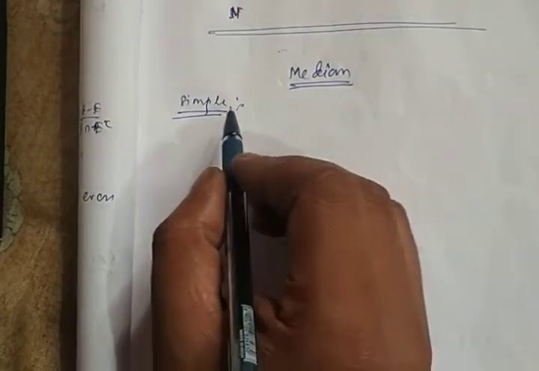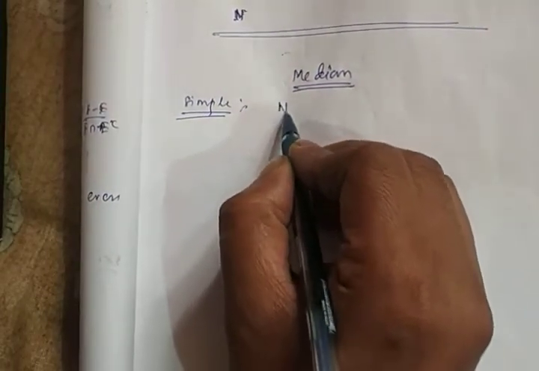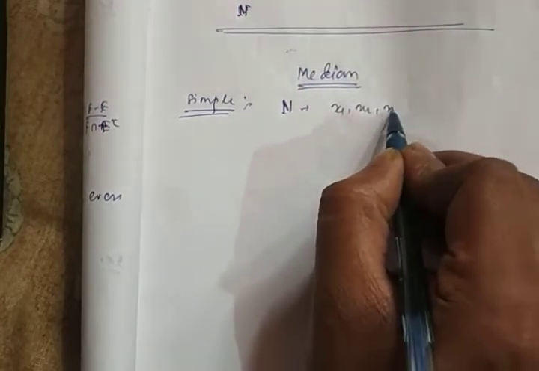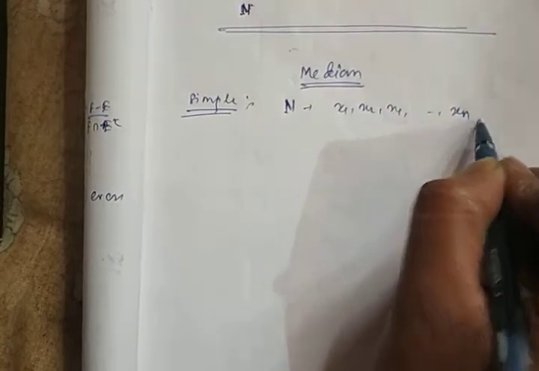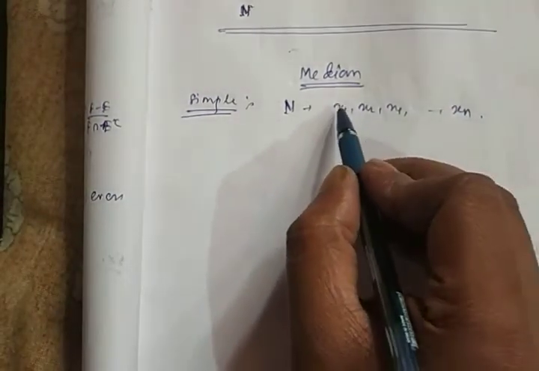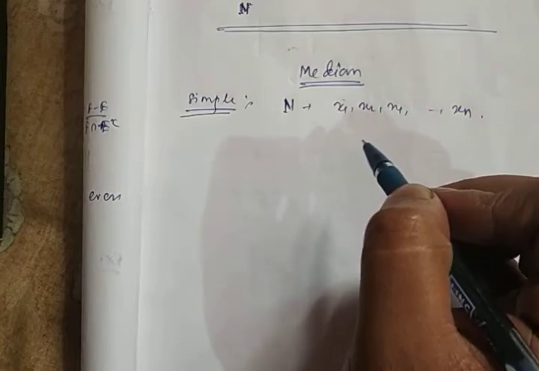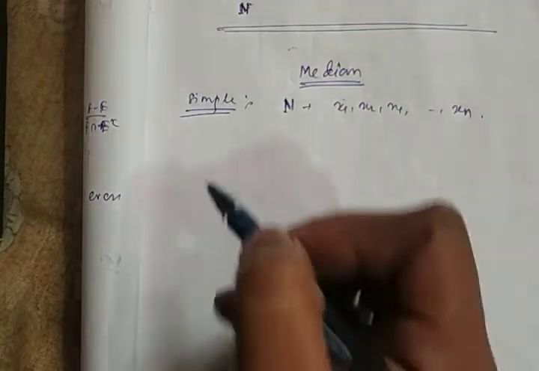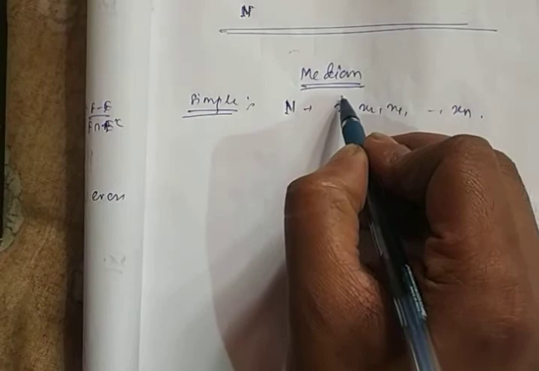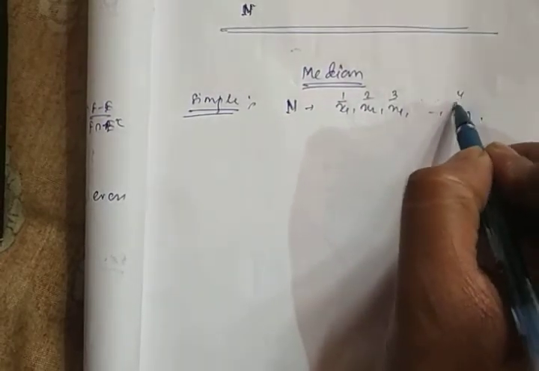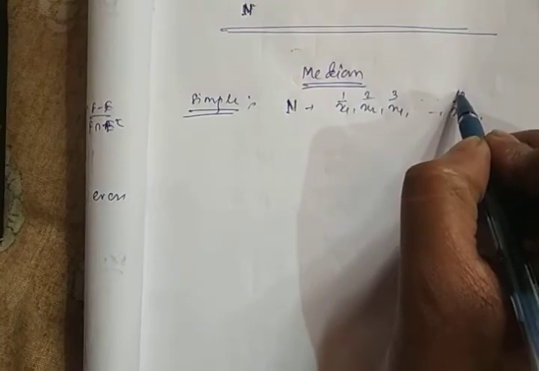If for a simple distribution n observations are given and the corresponding values are x1, x2, x3 up to xn, then first we have to arrange these values in either ascending or descending order. This is the first observation, this is the second observation, this is the third observation, and this is the nth observation.